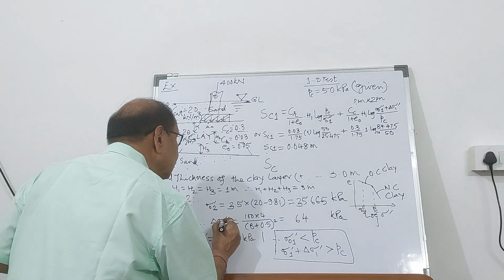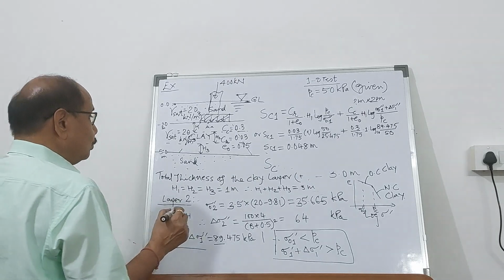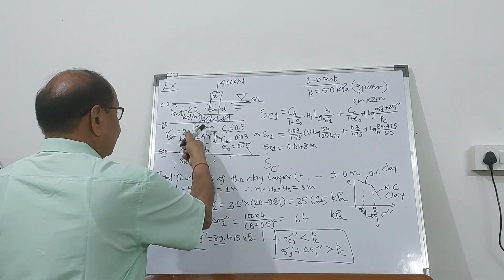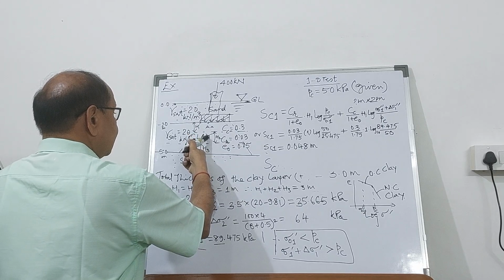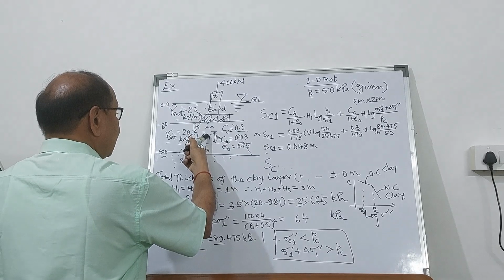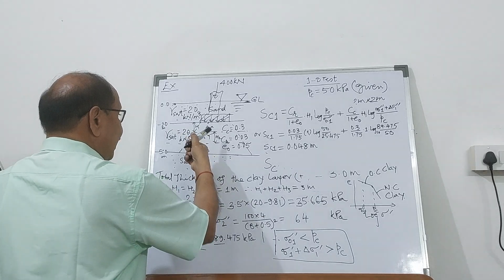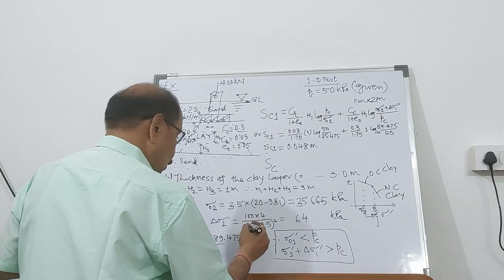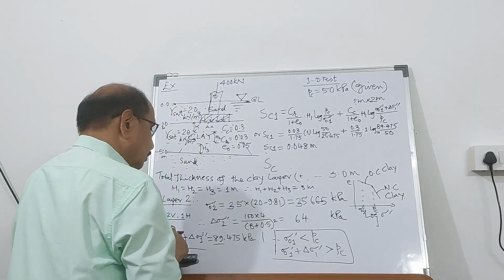Sigma naught prime at the midpoint of layer 2 will be how much? It is going to be 1 meter, and this is going to be 0.5 meter. So 1.5 plus 2, this becomes 3.5.